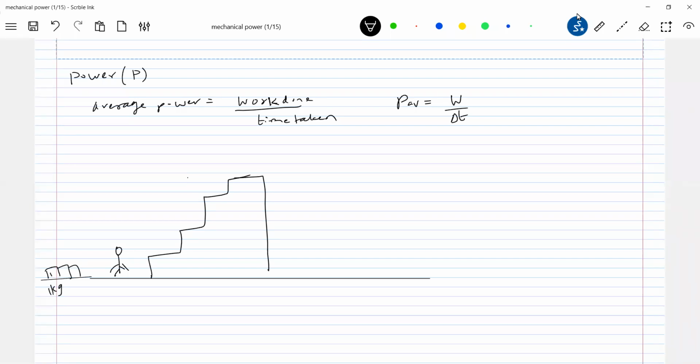There are 5 bricks. Similarly, there is a person A and a person B, with the same steps and the same height. Rough diagram I'm giving. So this is the height, let it be say 6 meter.